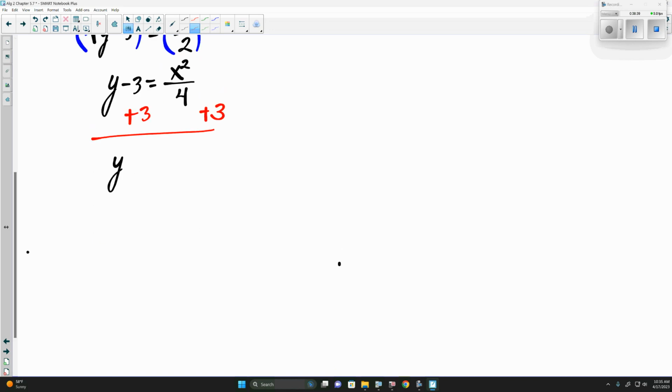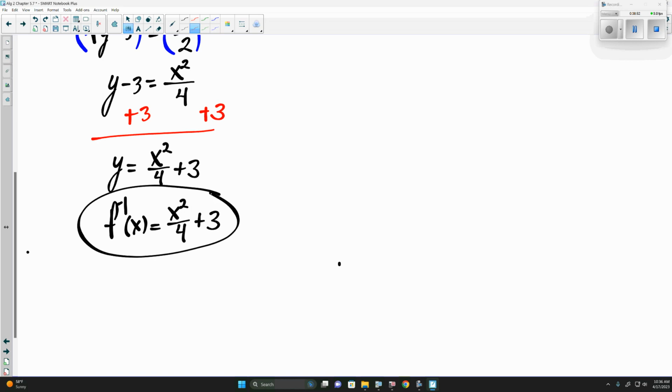Telling us y is equal to x squared over 4 plus 3, or we don't have to make that into a single rational expression. We can leave it as x squared over 4 plus 3.